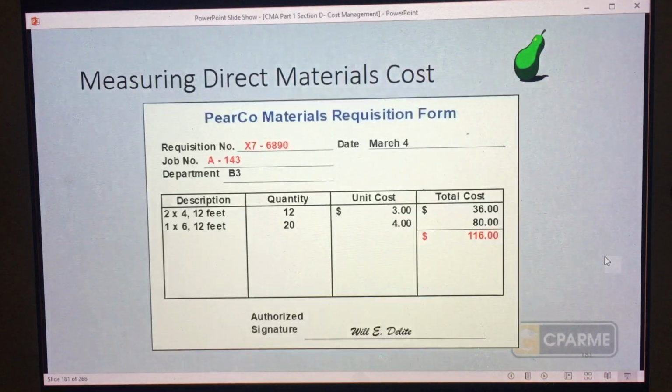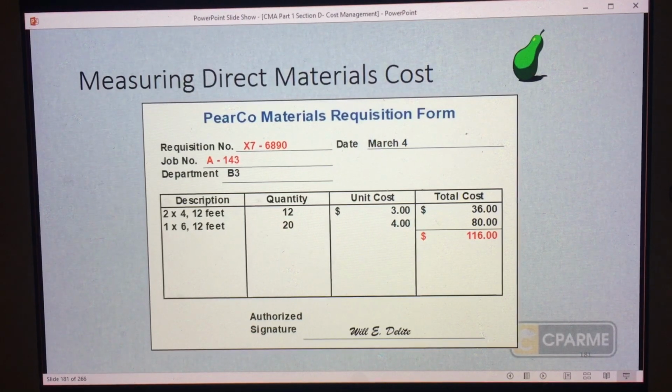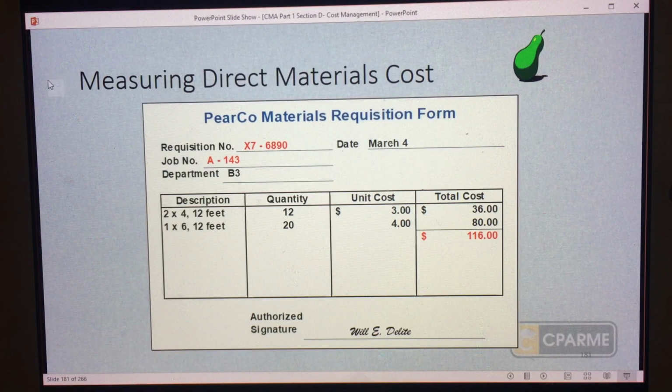When you measure your direct materials cost, you of course need a requisite form. Even when getting your supplies, you are required to fill out a materials requisition form. Normally, this is numbered for audit purposes, for trail purposes, and it shows which job requires that material, and that it aligns with the department indicated on our cost sheet.